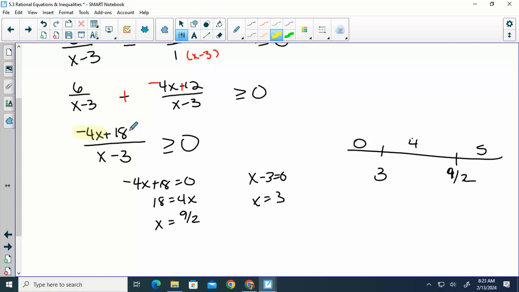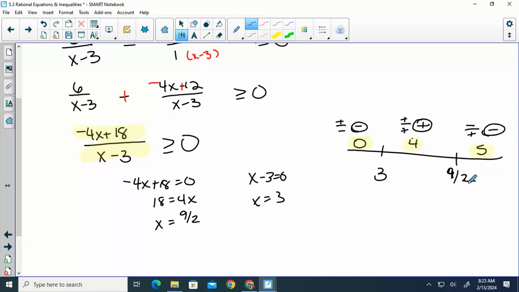We plug them into this fraction just to decide positive or negative. So if we put in 0, we would have a positive on top and negative on the bottom. So that's negative. Put in 4, we get a positive on top, positive on the bottom, so that's positive. Put in 5, we get a negative on top, positive on the bottom, so that's negative.